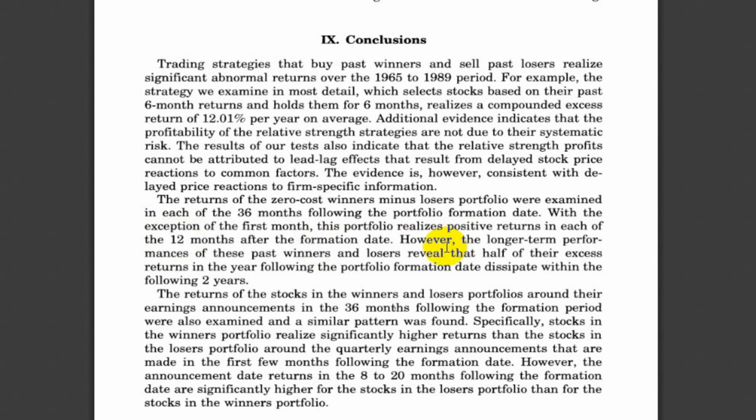However, the next 2 years showed negative returns, which almost completely wipe out all of the gains in the first year. And periods around earnings announcement dates were also studied. And so it was found that the winner portfolios realized significantly higher returns than the loser portfolios around the quarterly earnings announcement dates in the first few months after the formation date. However, the next months were significantly negative.